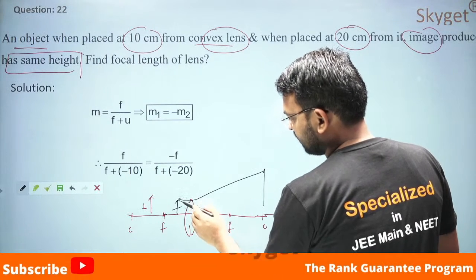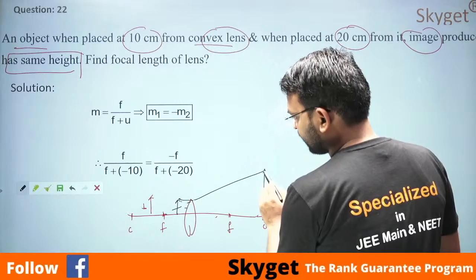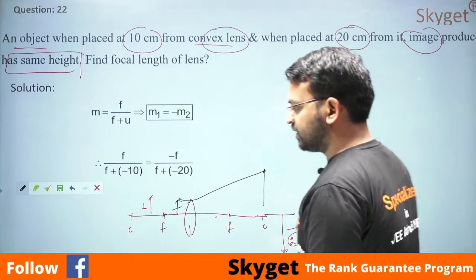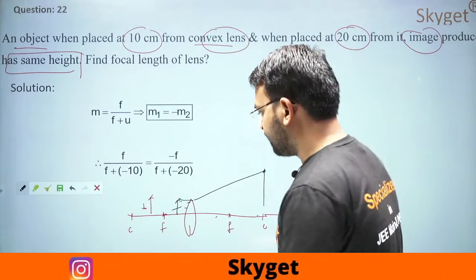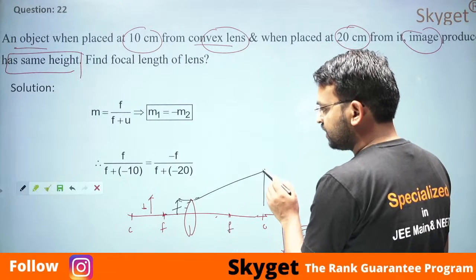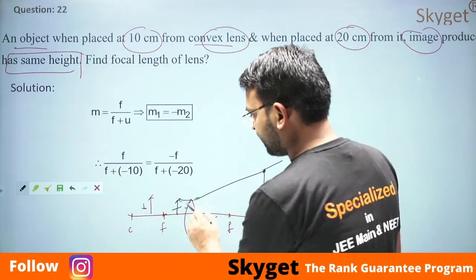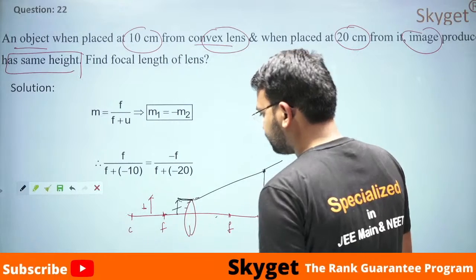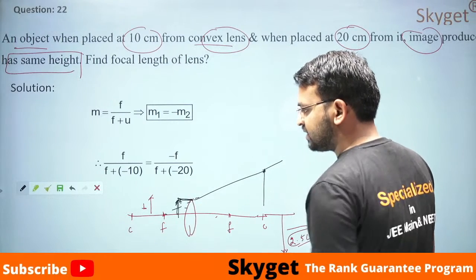Understand? Any ray which is going like this will become parallel like that, right?